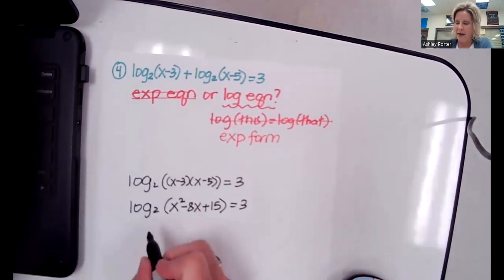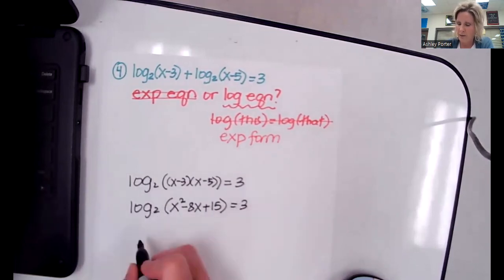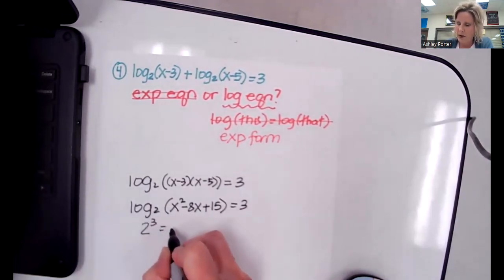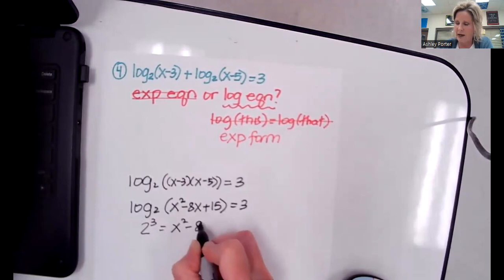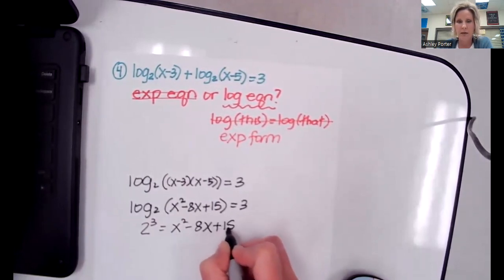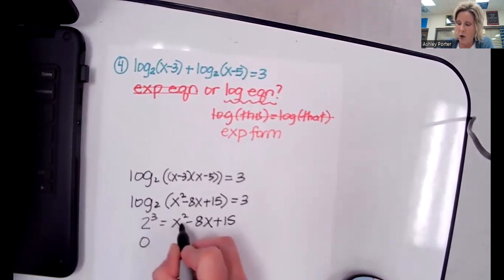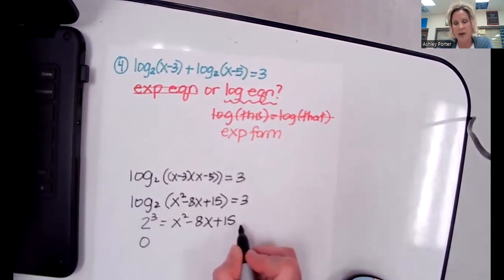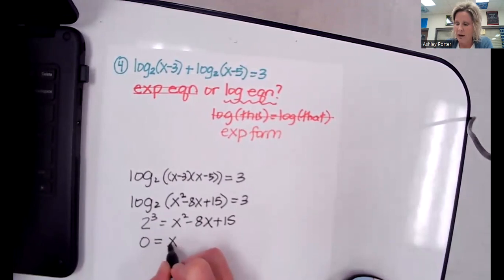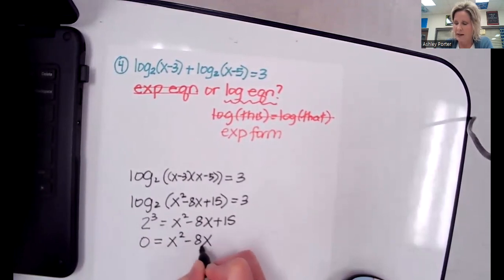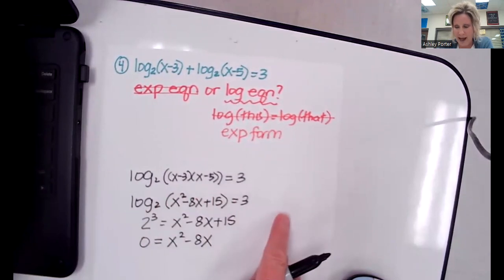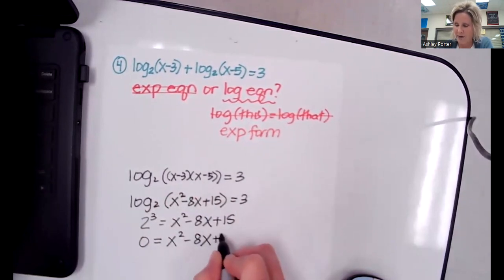So I'm going to say 2 to the third equals x squared minus 8x plus 15. All right, I know that's 8. If it's a quadratic equation, pull everything to one side, 0 on the other. So I'm going to say x squared minus 8x, and it'll be this 15, subtract over that 8. 15 minus 8, 7, positive.